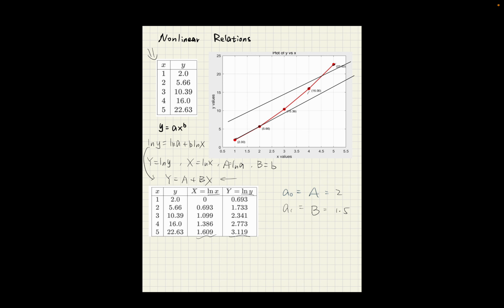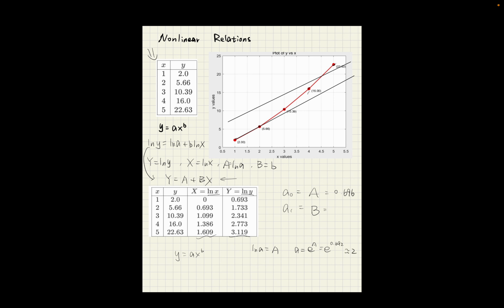And your original equation is y equals a x to the power of b. Now what is the a? Lowercase a equals e to the power of capital A, which is, oh sorry, capital A is approximately 0.696, so the a is approximately 2.